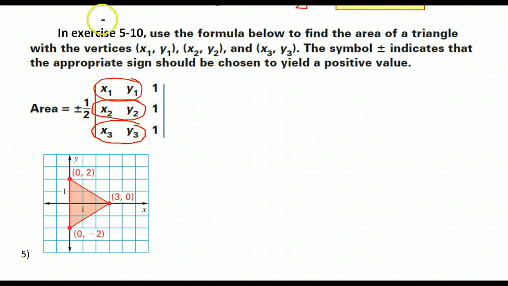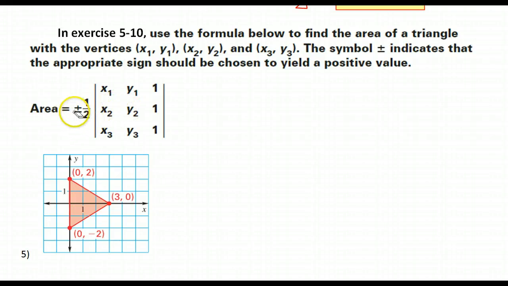Now, remember that these straight lines that sort of remind you of absolute value, in the context of matrices, have nothing to do with absolute value. It means find the determinant. So we'll have to remember how to find the determinant of a 3 by 3 matrix. And then at the end, we will take half of whatever we get.